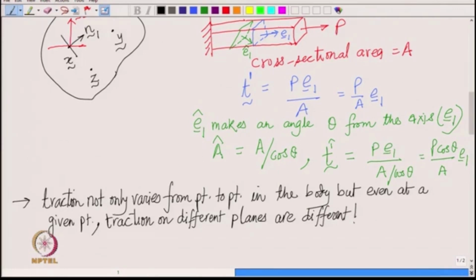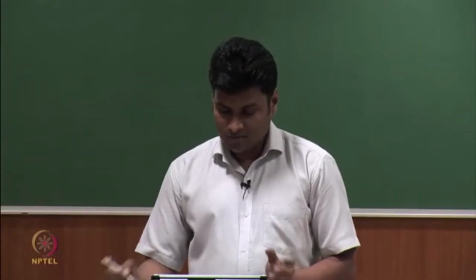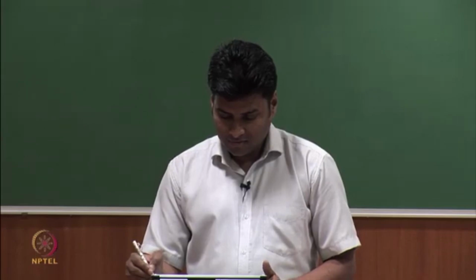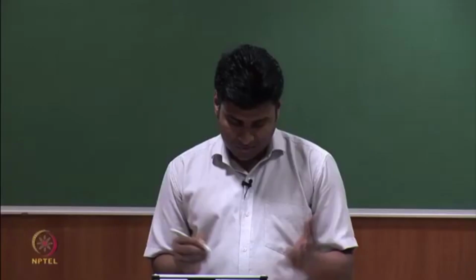Okay. Now, how many planes can you think of at a given point? Draw that figure again, the body, and I am at a point x. How many planes can you think of which pass through the point x? It is infinite.